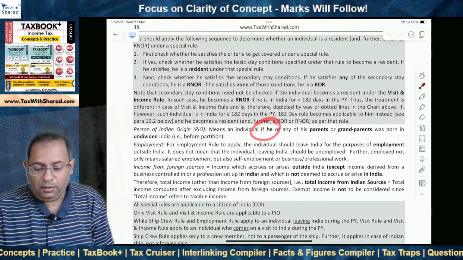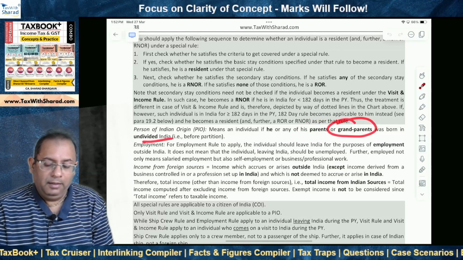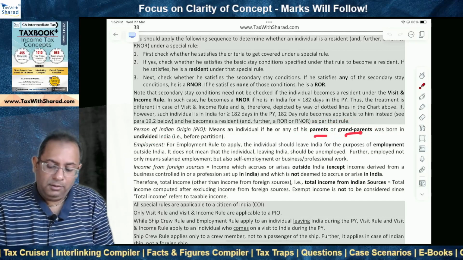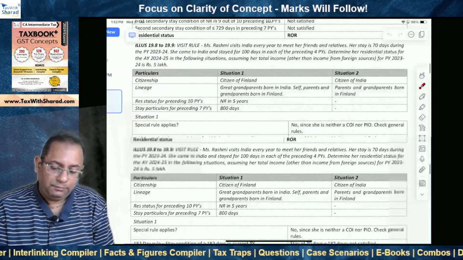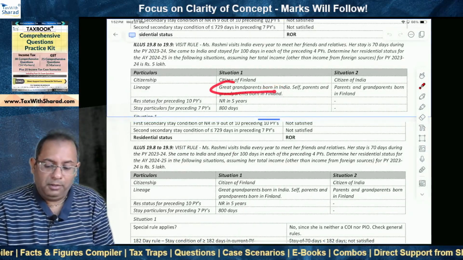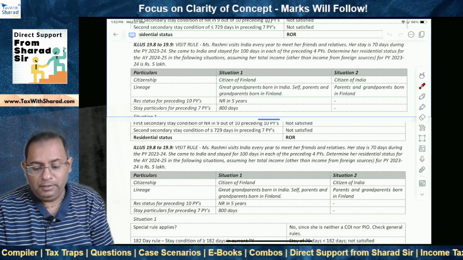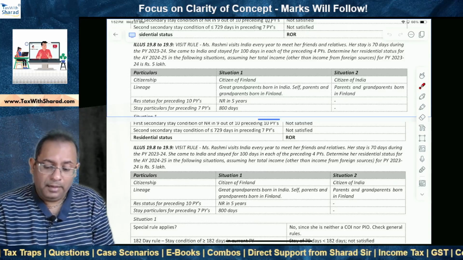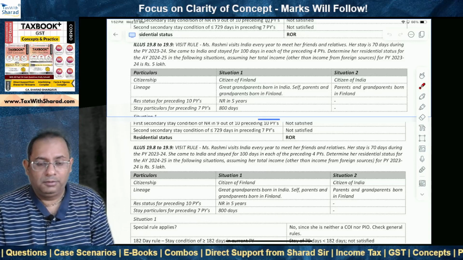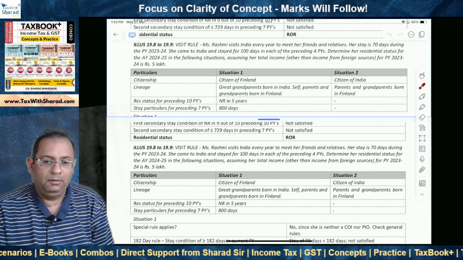If he or any of his parents or grandparents were born in undivided India. So she, her parents or grandparents were born in Finland. Great-grandparents were born in India or undivided India. Even if great-grandparents were born in undivided India, she is not a person of Indian origin, because self, parents and grandparents were born in Finland, not in undivided India.